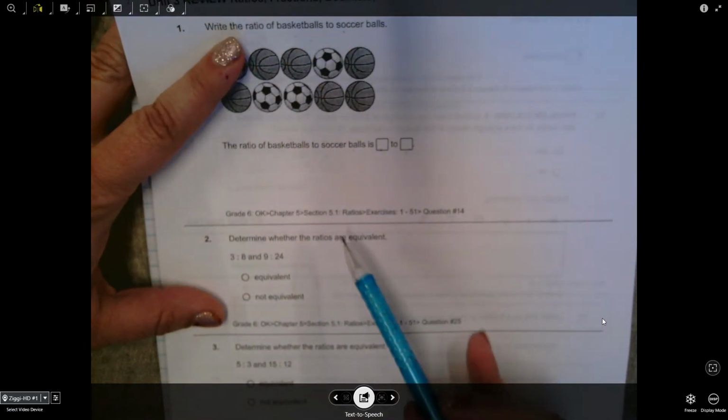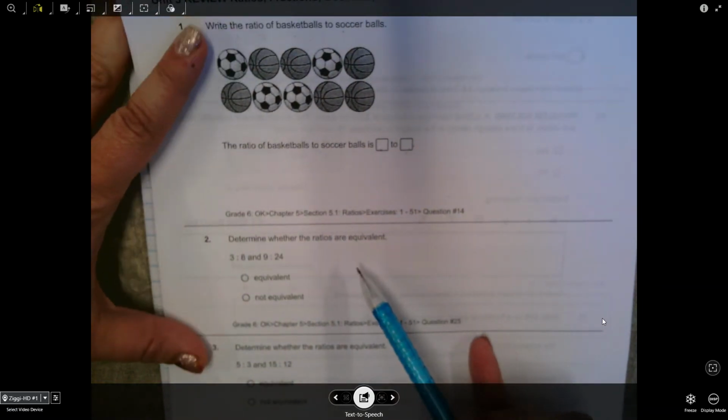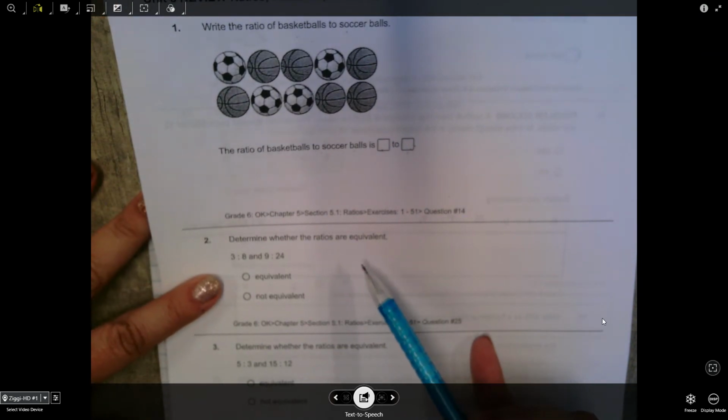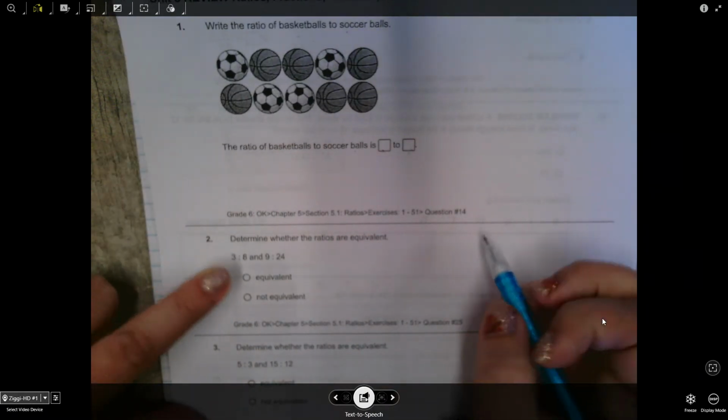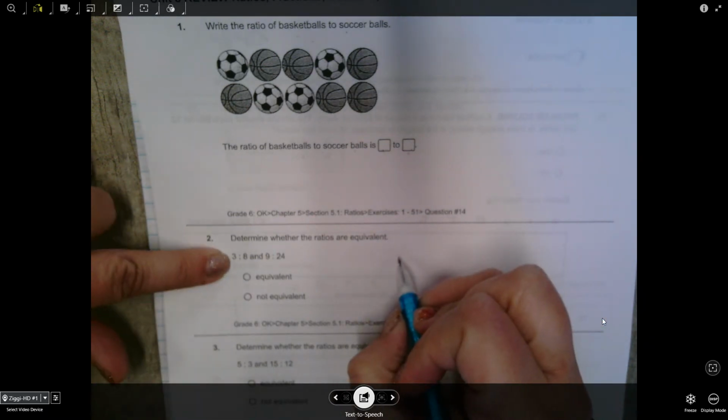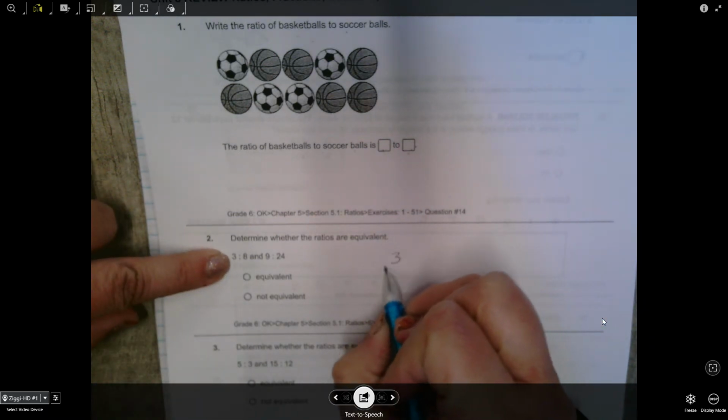All right, number 2, determine whether the ratios are equivalent. Equivalent ratios, just like equivalent fractions. I'm going to go ahead and do my work over here so that you can see the question and the work. So remember, the first number in the ratio is your numerator.